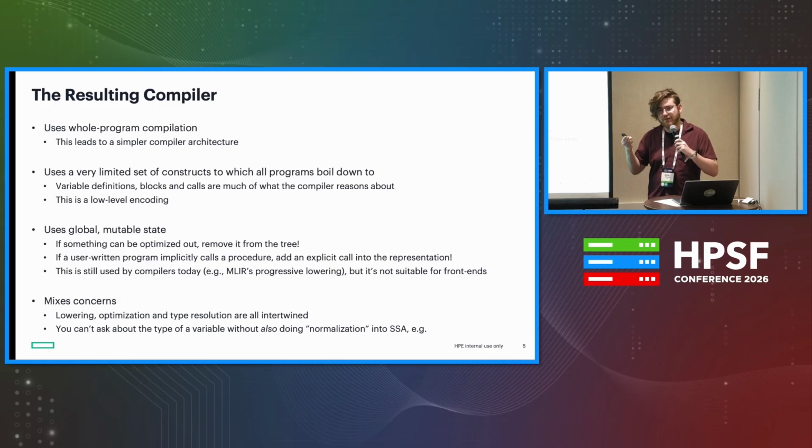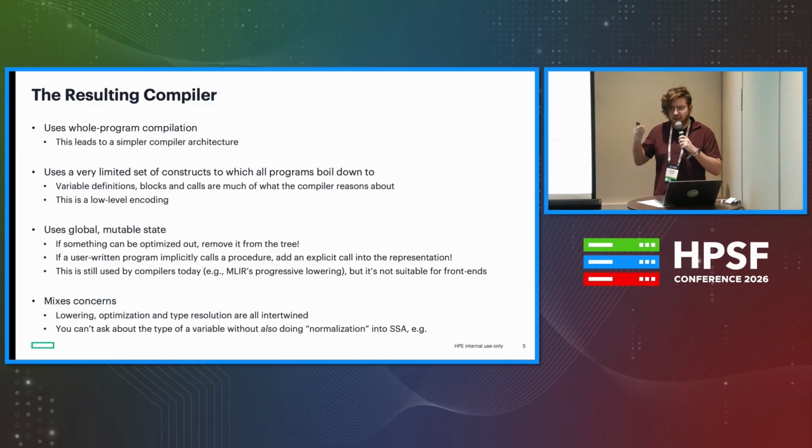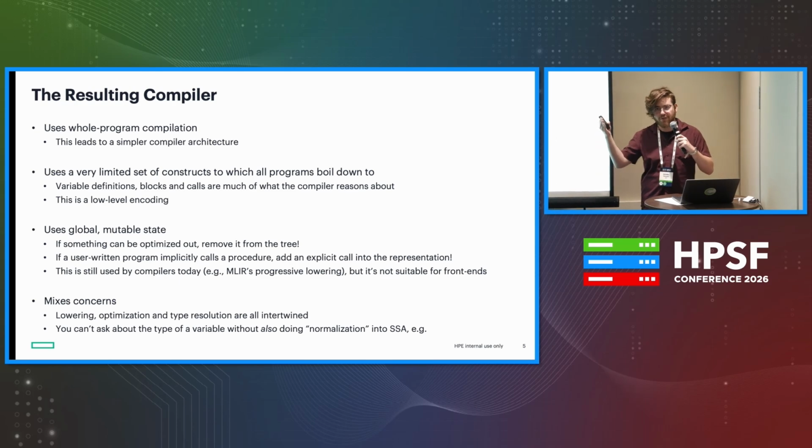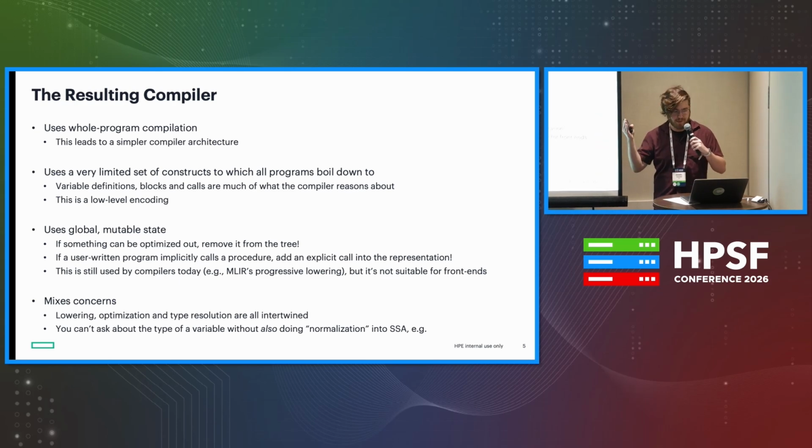It was just relatively simpler to do and also made writing optimizations easier. Also, the language was basically boiled down to about 5 constructs: variable declarations, blocks, calls, and that's most of it. So you're getting this very low-level soup of calls that you're then optimizing.